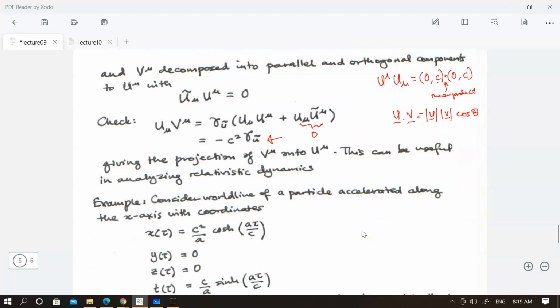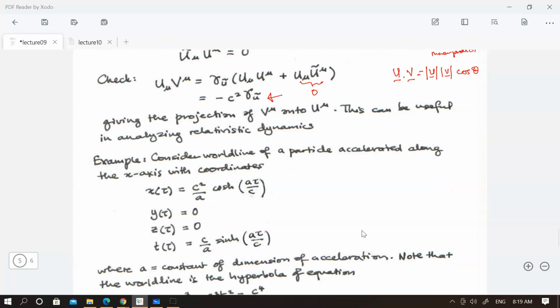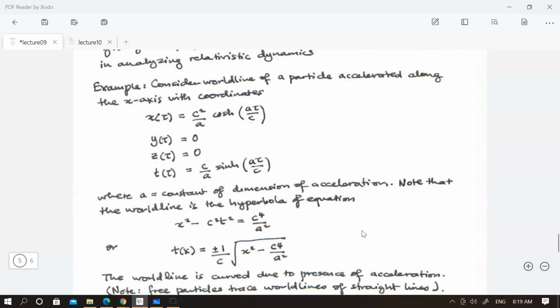So let's consider now an example. Here is a world line given to you in terms of proper time for a particular particle. So this particle is essentially accelerating. It's given in terms of this curve, and you can actually recognize that this curve will give you a hyperbola.